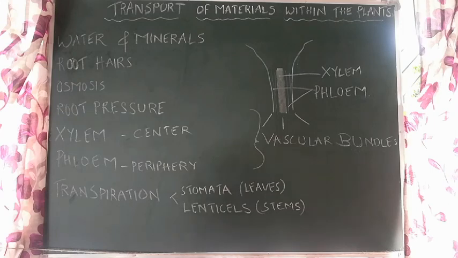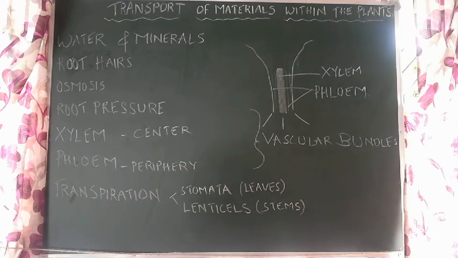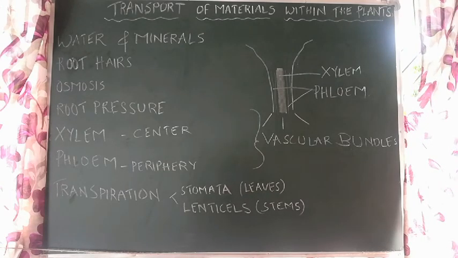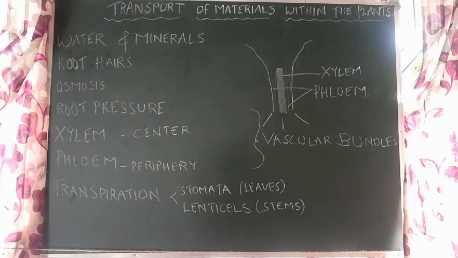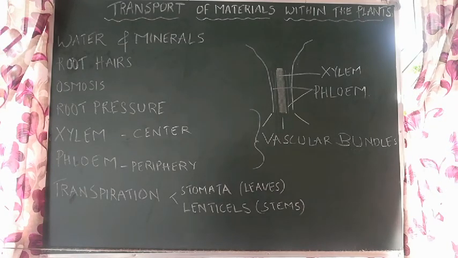In animals there are blood vessels called arteries and veins; in plants, xylem and phloem. In detail about this topic we can learn in higher classes. This is the basic brief information about transport of materials within the plants.